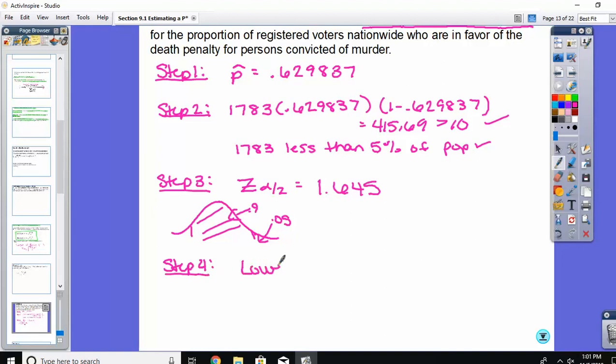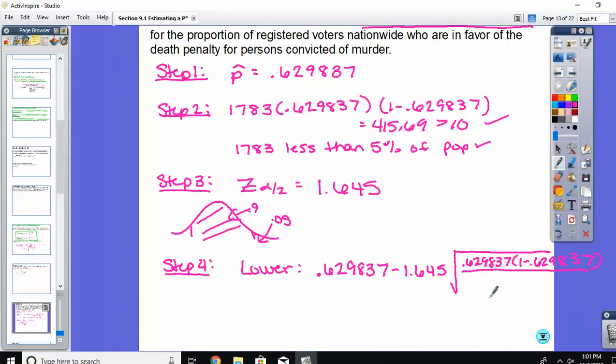So the lower interval, it's your P hat minus your Z alpha times the square root of P hat, 1 minus P hat, I'm running out of space, over our N, which was 1783.